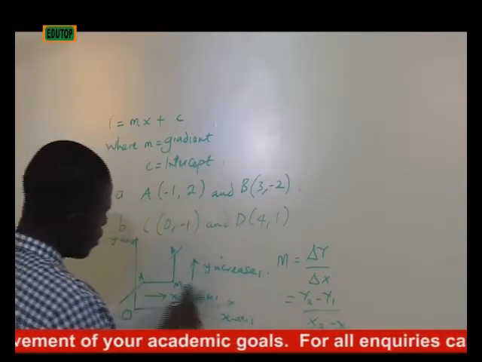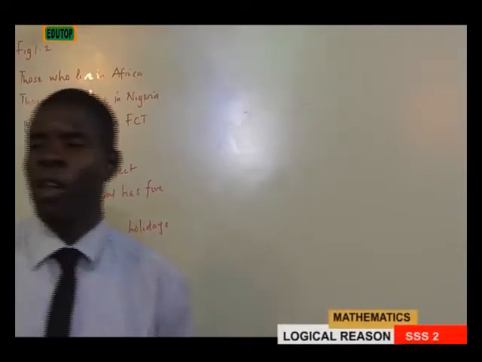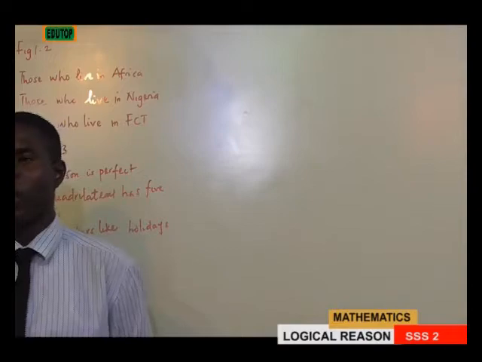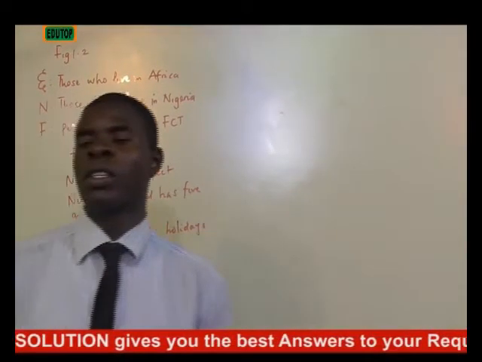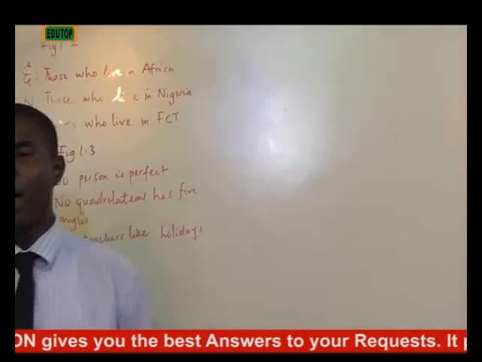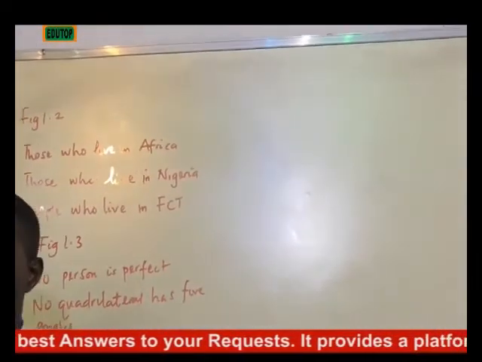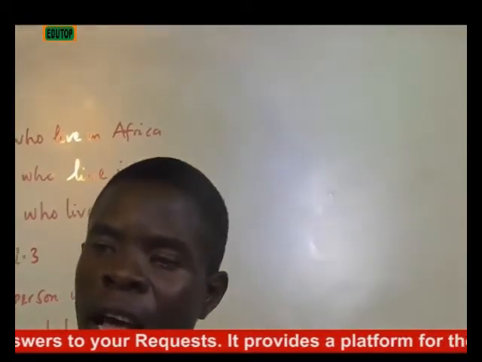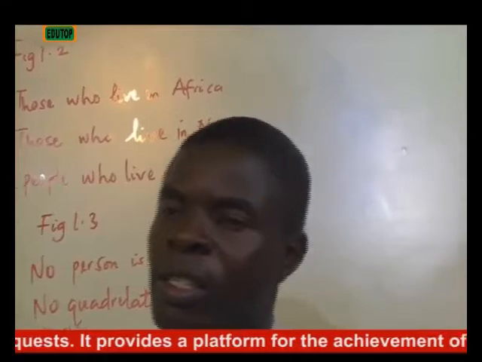So at this point, with respect to this graph, logical reasoning is the next topic. In logical reasoning, it really tests the ability of someone to use his IQ to the best of its ability.